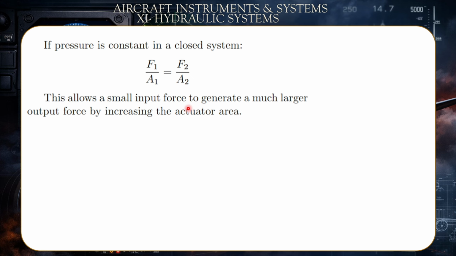So the force would increase when the cross-sectional area of the hydraulic pipe decreases, which will increase the force output against the actuator, which in its turn would allow it to move a heavy part such as the rudder within a large aircraft such as a Boeing.